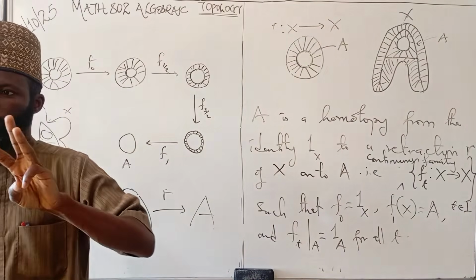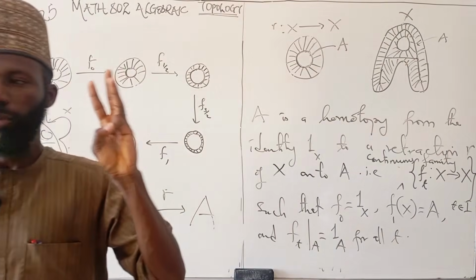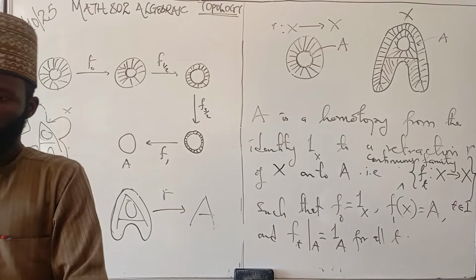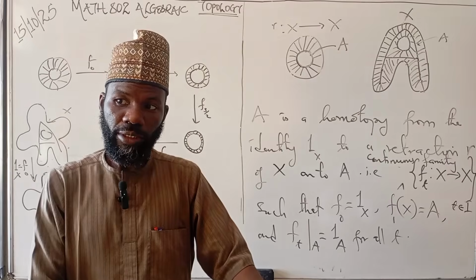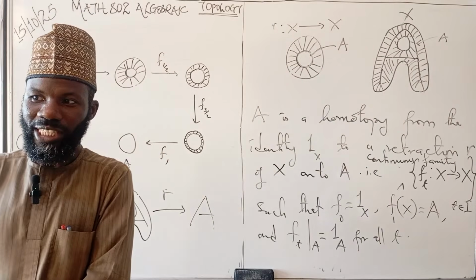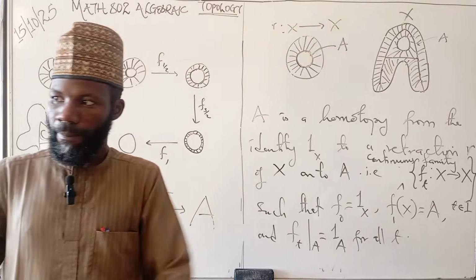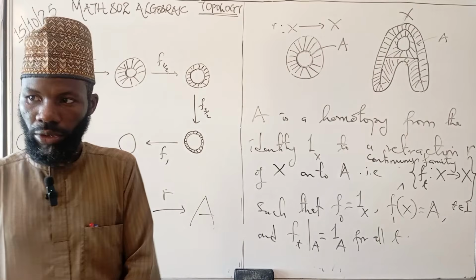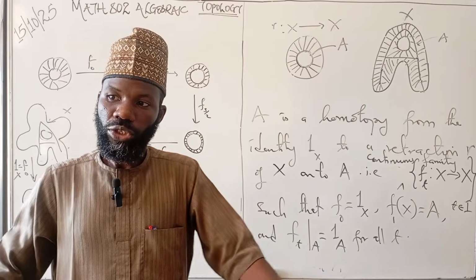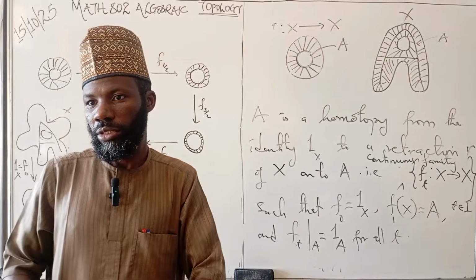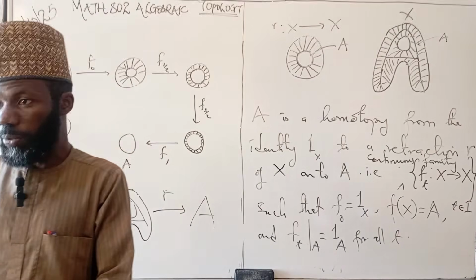So how many concepts so far? We defined homotopy as just a continuous family of maps indexed by time t from 0 to 1. Once you have that continuous family of maps, it is called a homotopy.